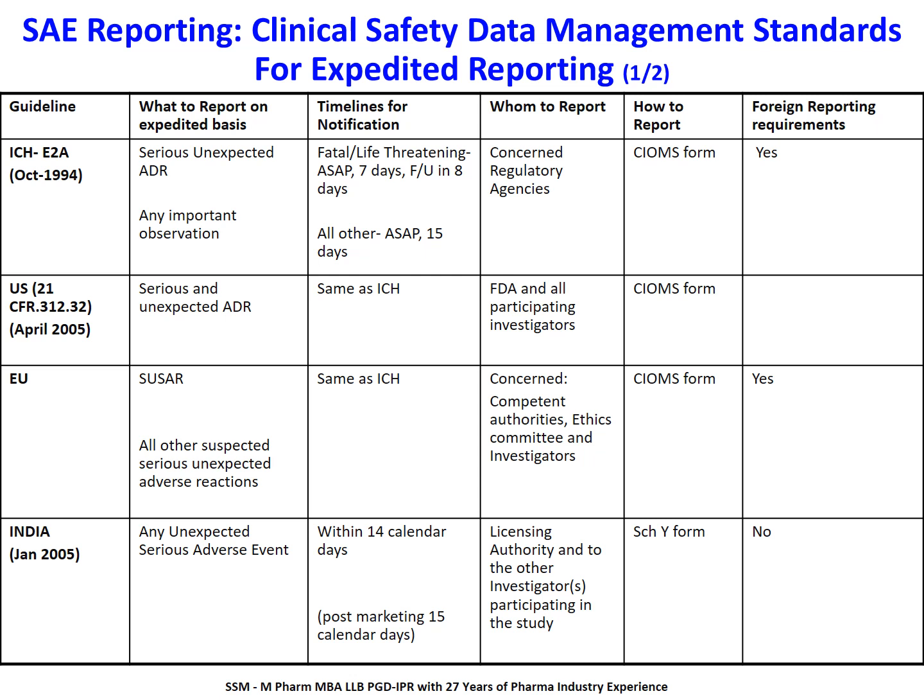Now, serious adverse event reporting: the clinical safety data management standard for expedited reporting differs across countries and guidelines. The main guideline is ICH E2A, which requires that any serious unexpected adverse drug reaction that is fatal or life threatening should be reported as soon as possible, within 7 days, to regulatory authorities, and a detailed follow-up report should be submitted in the next 8 days.